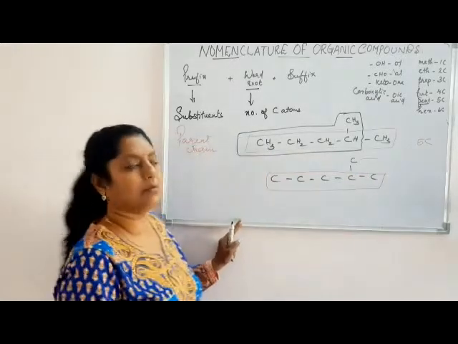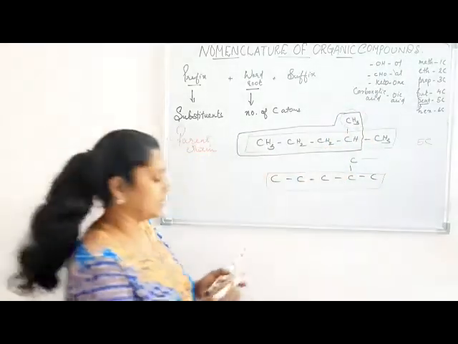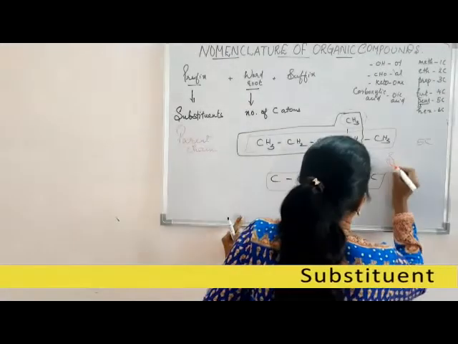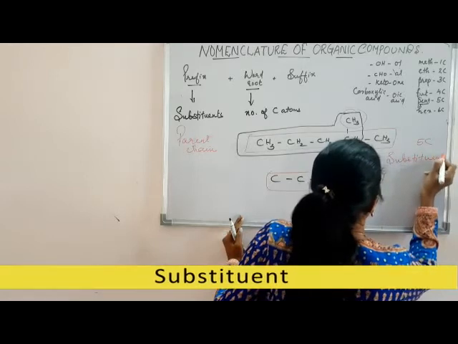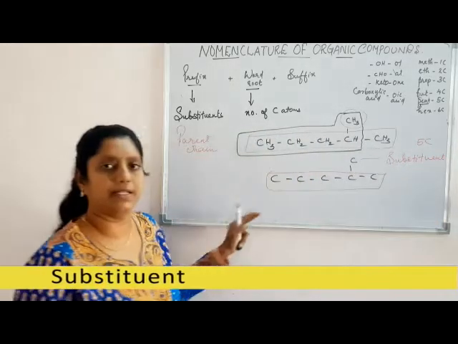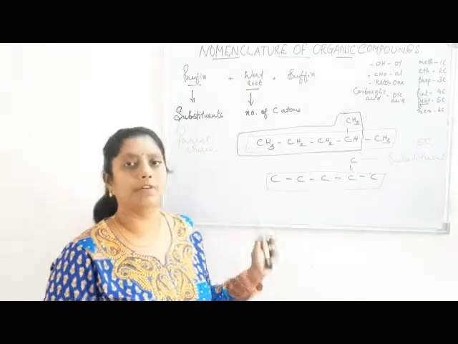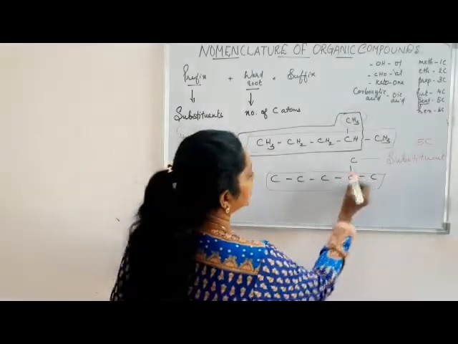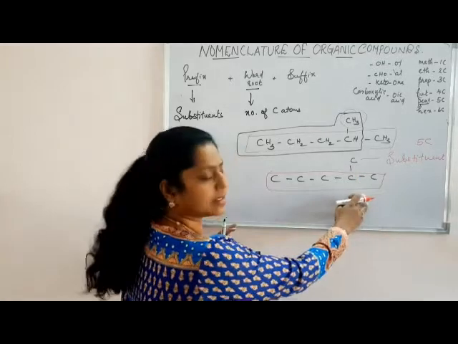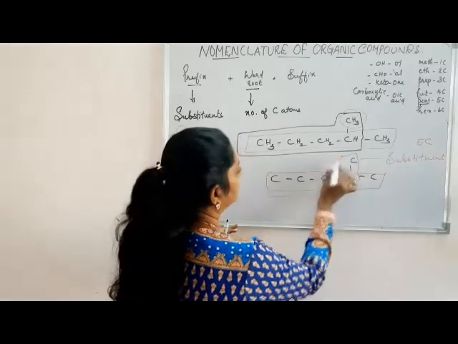Here we can see a branch, this CH3 group. This is called a substituent. We have already discussed methyl group and ethyl group in our previous videos. So we can either select the parent chain as a straight chain like this, or we can select the chain in this way.